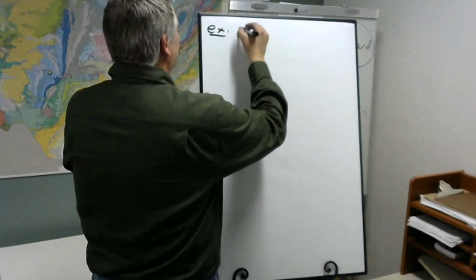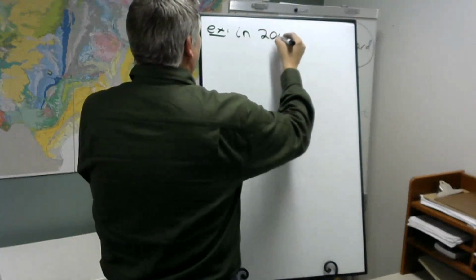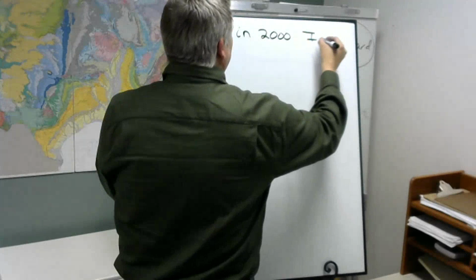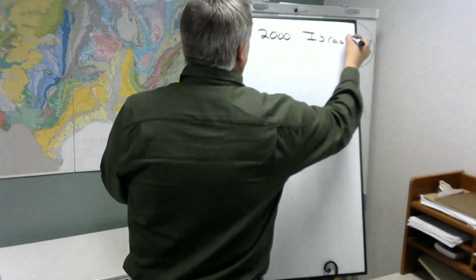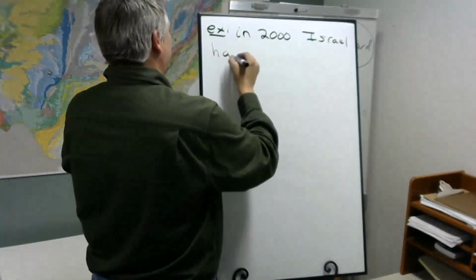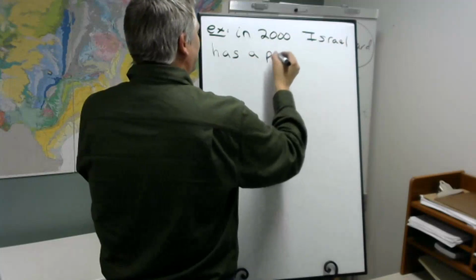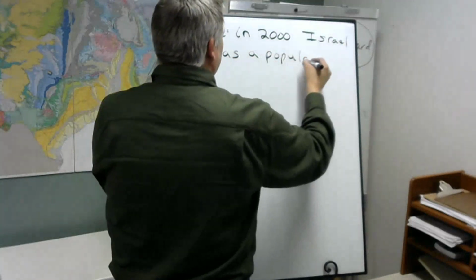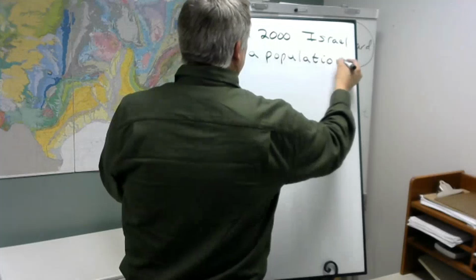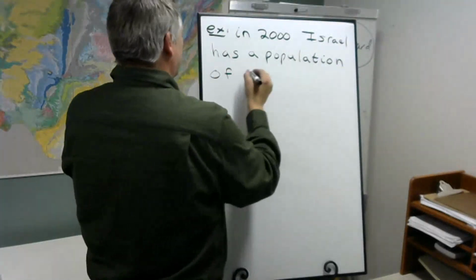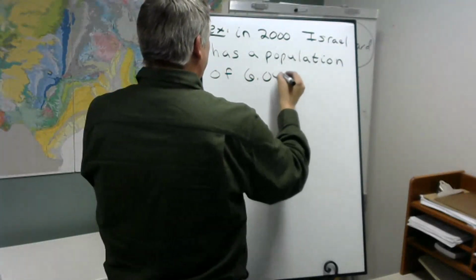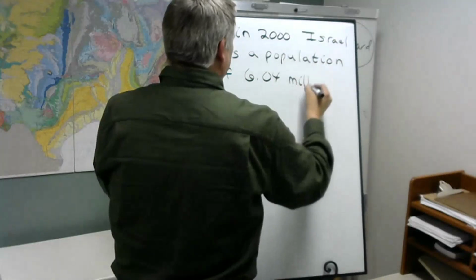Let's say in 2000, Israel has a population of 6.04 million.